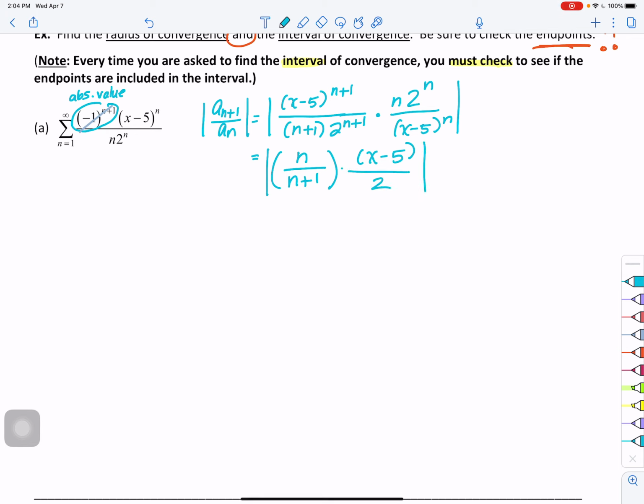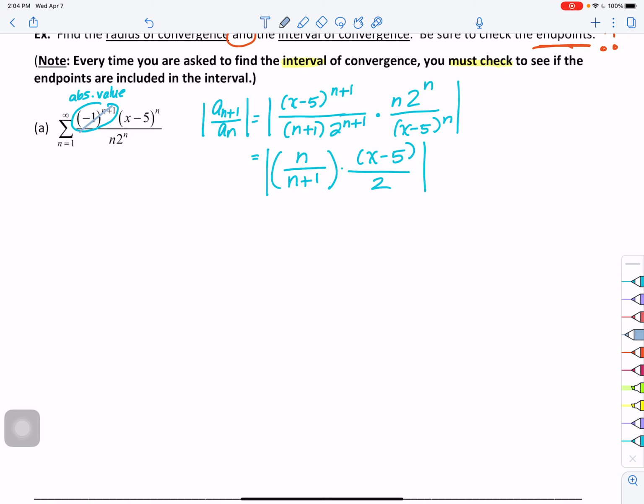Okay, and you could see that here by this 2 to the n plus 1. And the 2 to the n leaves a 2 in the denominator. And then, of course, your x minus 5 to the n plus 1 and your x minus 5 to the nth leaves an x minus 5 in the numerator. And then we just stack those n terms, okay?